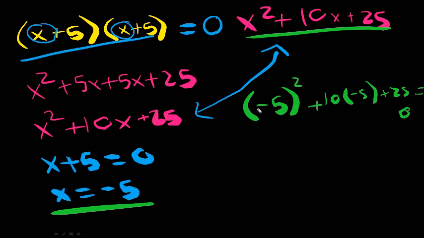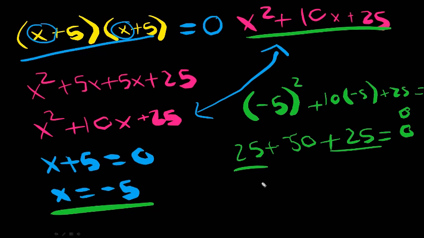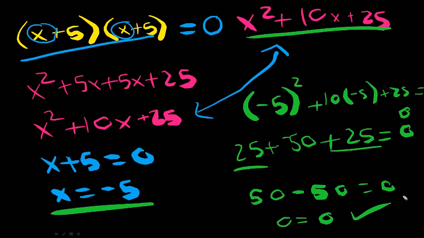Negative 5 squared equals 25, plus 10 times negative 5 is negative 50, so negative 50 plus 25 equals 0. Then follow your order of operations. 25 plus 25 is 50, minus 50 is equal to 0, and therefore 0 equals 0. And that's correct. And so that's how you factor using the product sum method.